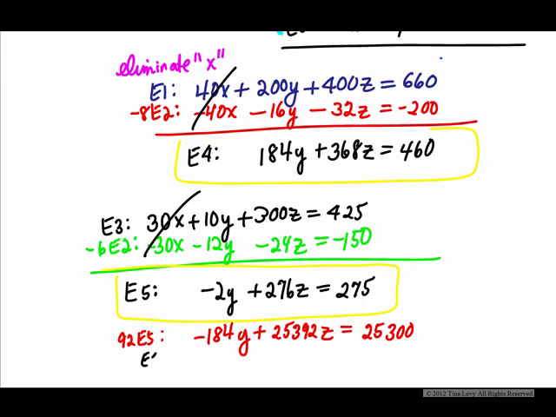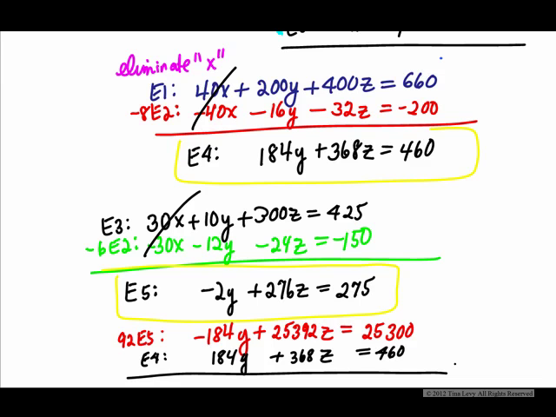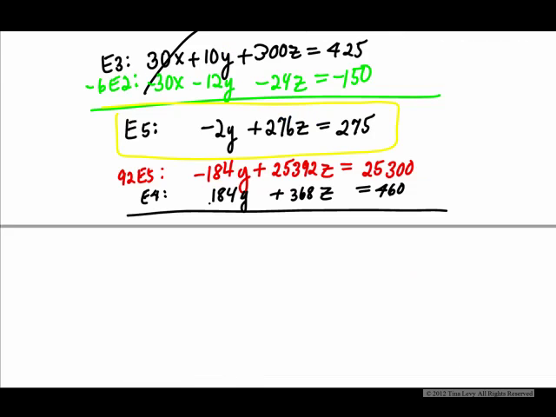Equation 4 is 184y plus 368z equals 460. I'm now going to go to the next page. This unbelievably works out. We get 25,760z is 25,760. Z equals 1.